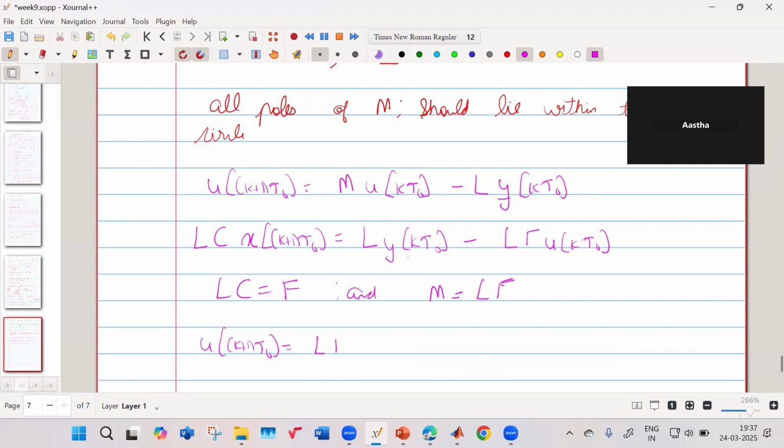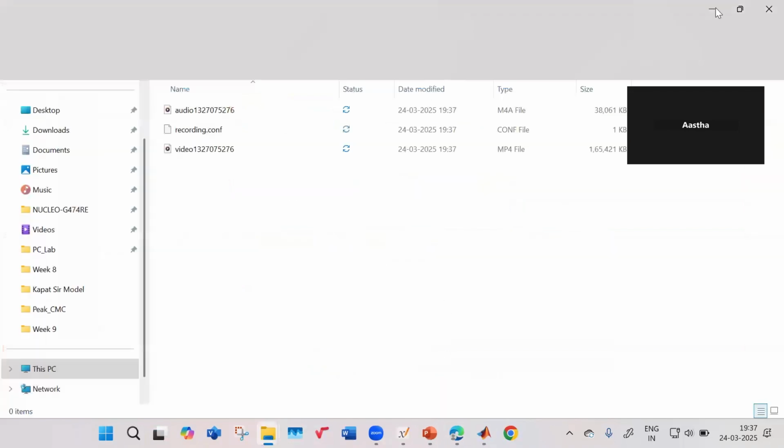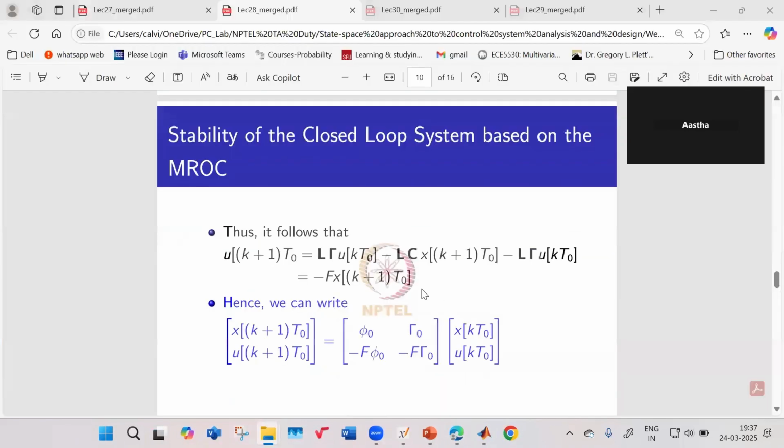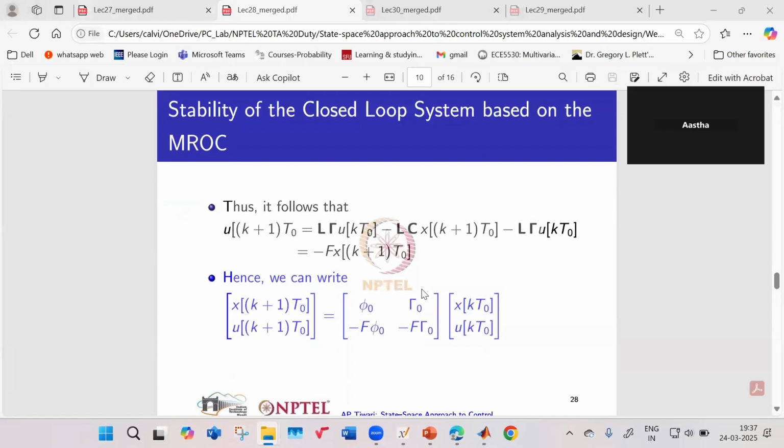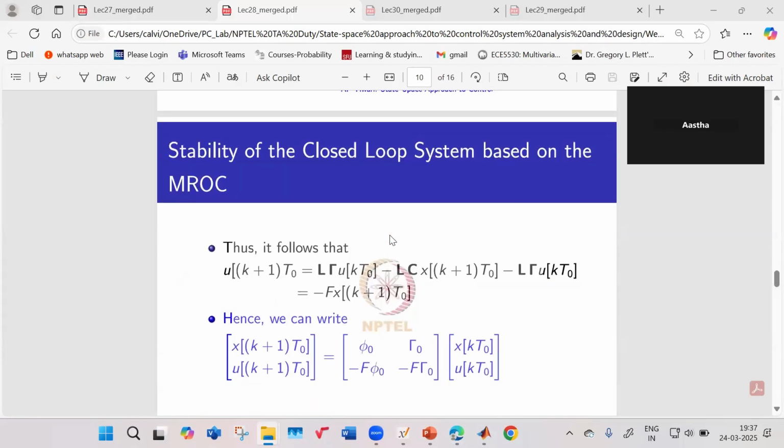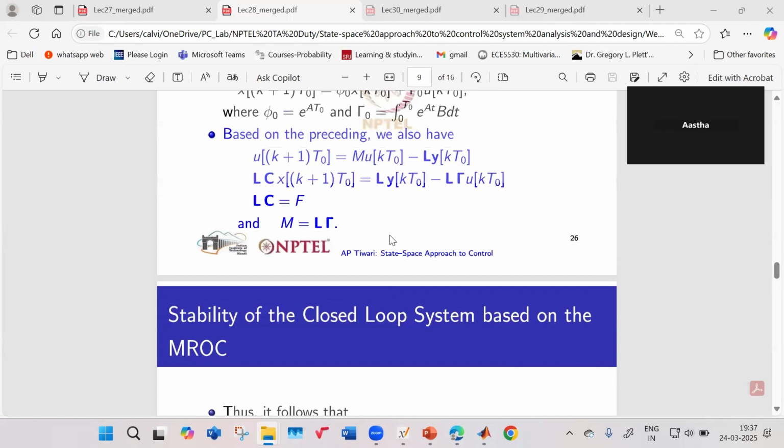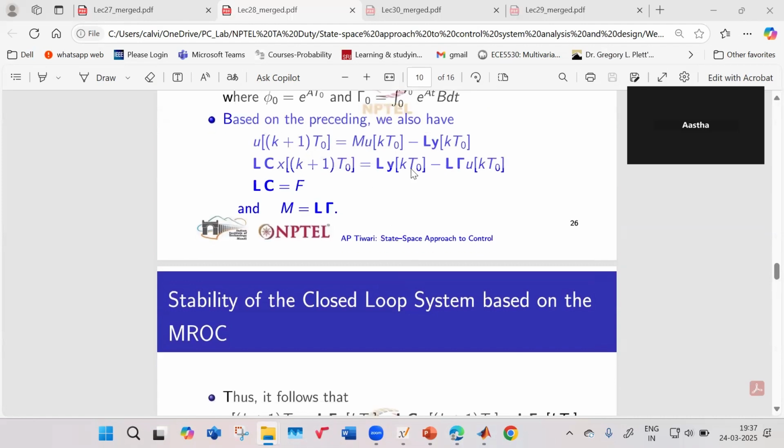It is L gamma u of k T0 minus L into y. We are substituting the value of Ly.